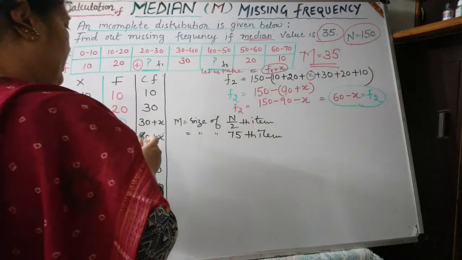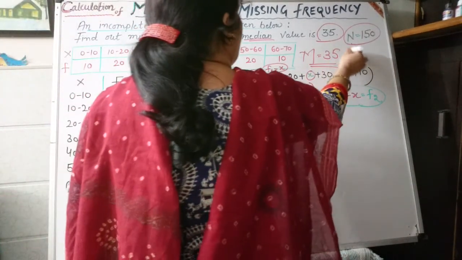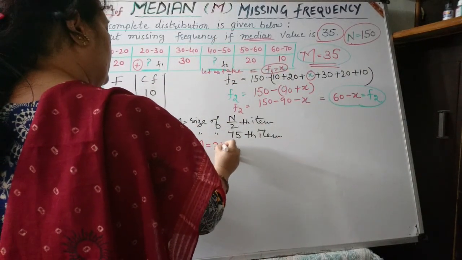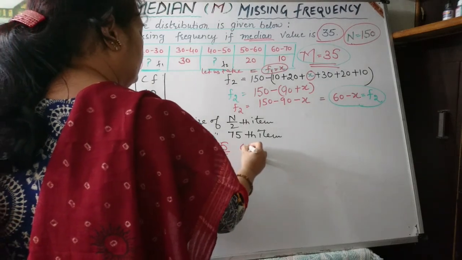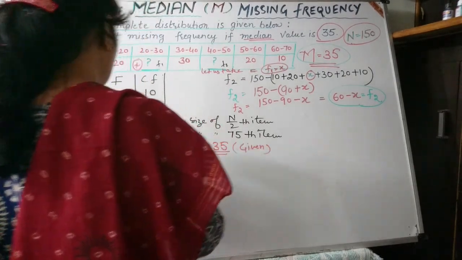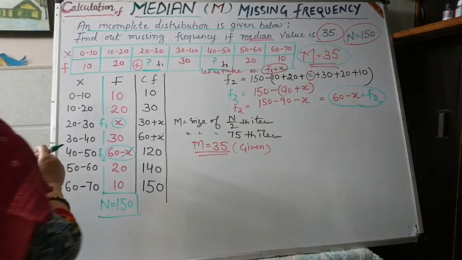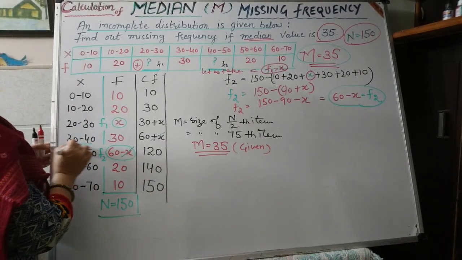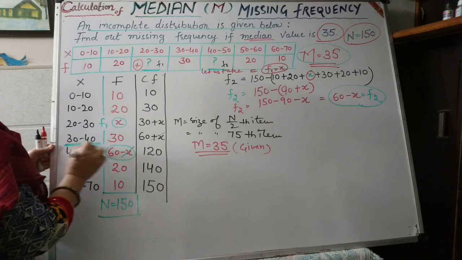And moreover the value of median is given, which is 35. M is equal to 35. This is given in the statement. So M is 35. It means median will lie in the class interval 30 to 40.